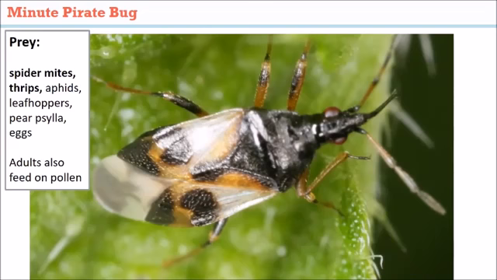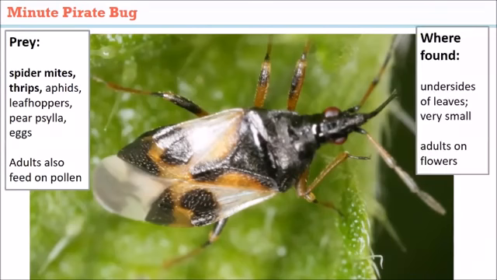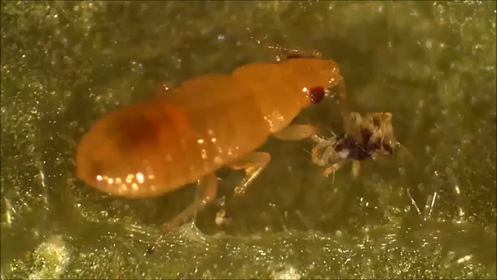This is another one where the adults also need pollen to help with mating and egg laying. And typically you're not going to see it, because they're so small and they usually occur on the undersides of the leaves, where a lot of the prey is going to be. So here's a nymph of the minute pirate bug.